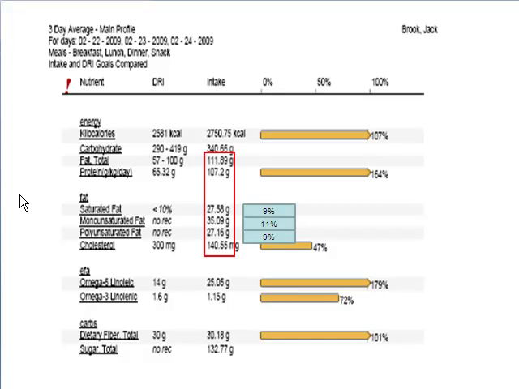So those gram amounts, 27.59 equals 9%. The way they did that is they took that number, 27.59 times 9 calories per gram, divided it by your total calorie energy intake, the 2751, and they got 9%. So in this scenario, I wouldn't have to do anything because they're pretty much even.